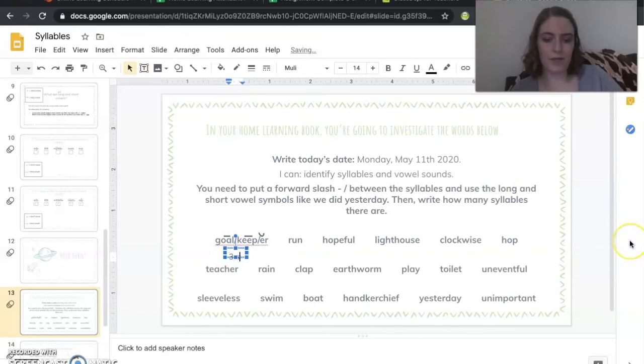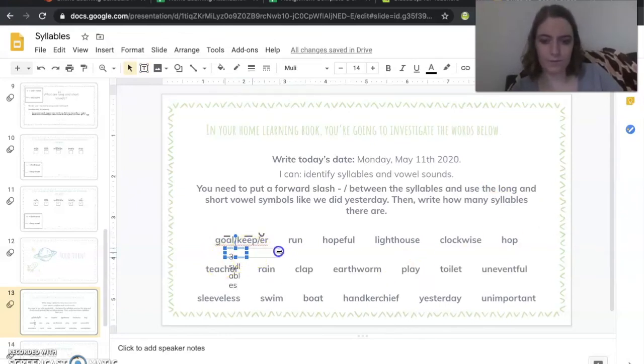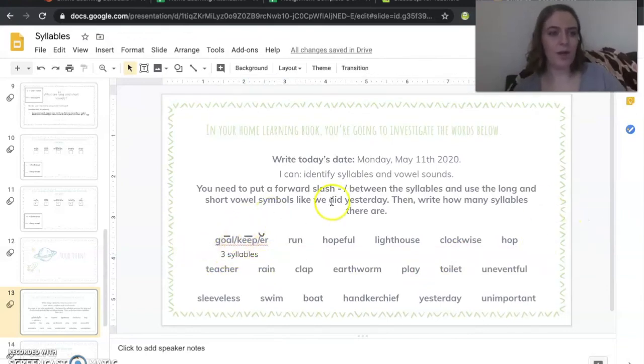This has 3 syllables. And I'm going to draw a little dash to show where I split it up. So I can remember that by going goalkeeper. My first one stopped at goal. So I drew a line after goal. Keeper, goalkeeper. So I just use those dashes like that just to show my different syllables.